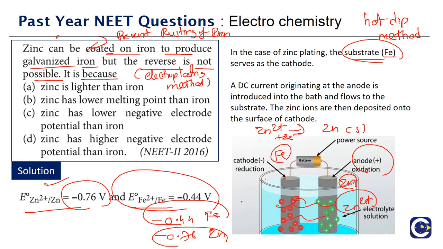So understand the basic principle. Whatever the substrate on which we require coating, that particular metal should act as a cathode, and that is possible because iron has a higher reduction potential than zinc, or zinc has more negative electrode potential than iron, because that is why zinc is able to act as an anode and iron is able to act as a cathode. That is the required setup.